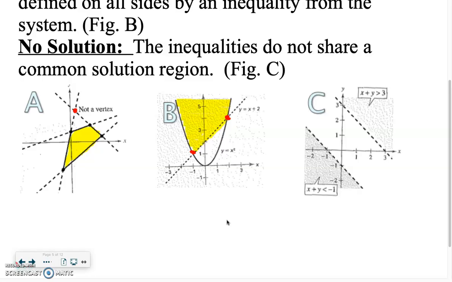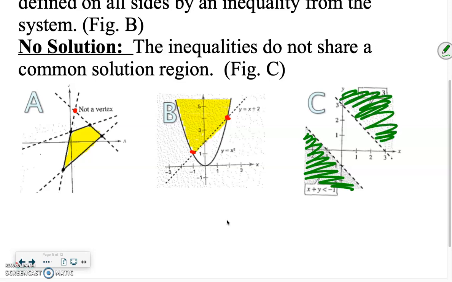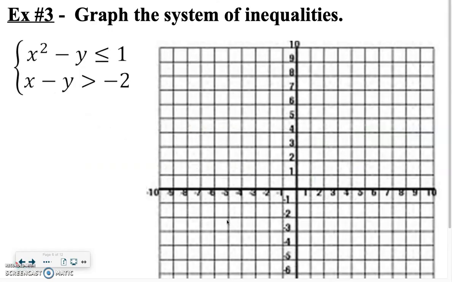So if that situation is presenting itself, what's that going to look like if we had inequalities? If we had a shaded region over here and a shaded region over there, we know that our solution is going to be where the shaded regions overlap. Do these overlap? They don't overlap. Therefore, there is no consistent solution. Does that make sense?